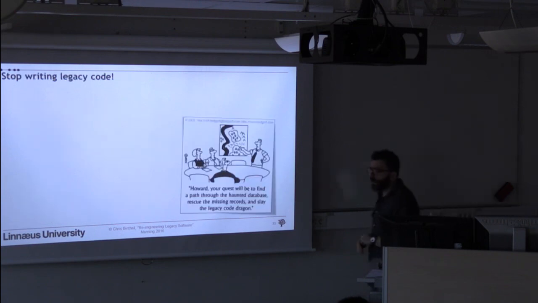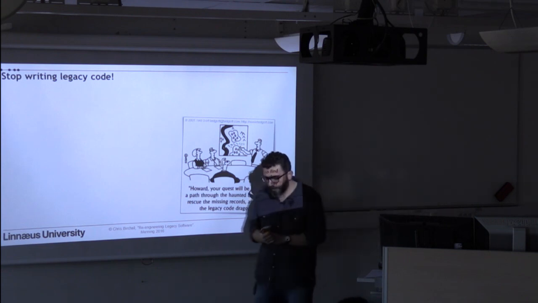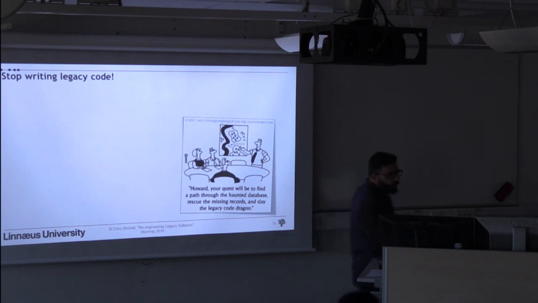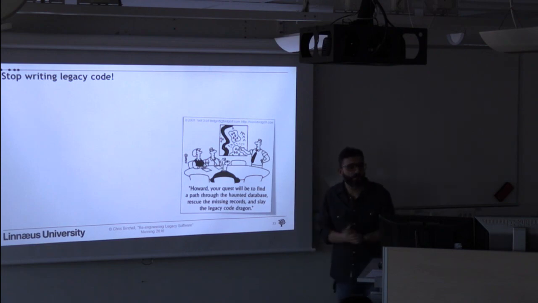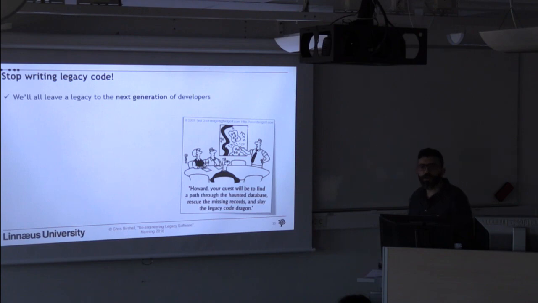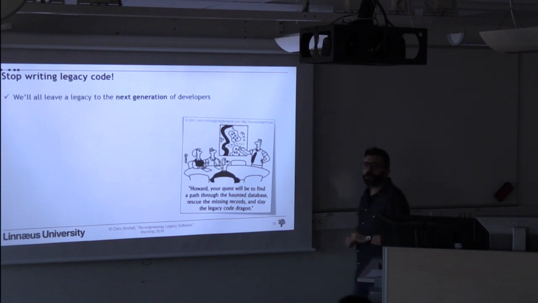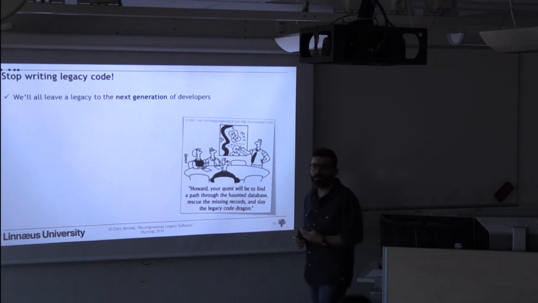And then I say that the third way is something that we will discuss next year. So the supreme aim is to stop writing legacy code. The question is, how can we stop doing this? Well, you cannot stop it. Whatever you make today will be legacy tomorrow.